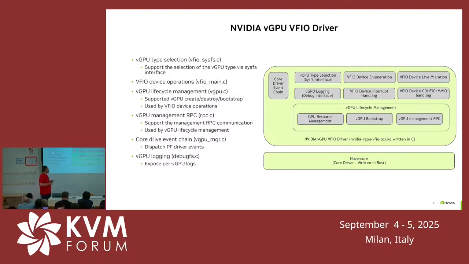Then there is the core driver events chain, because the core driver provides all kinds of services the VFIO driver needs, so there have to be components in the VFIO driver that talk with it. The right part is mostly the VFIO operations, which any VFIO device driver should provide as control interfaces for QEMU to be able to use it.